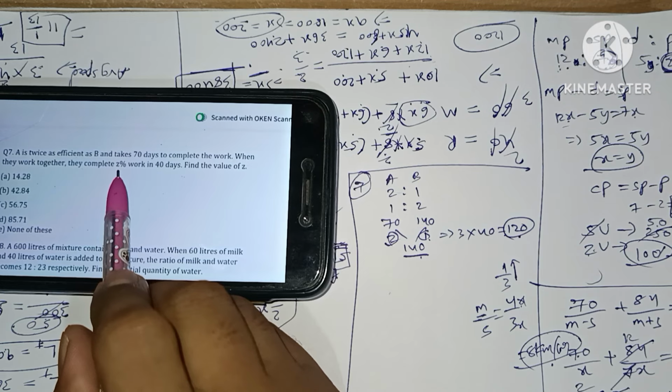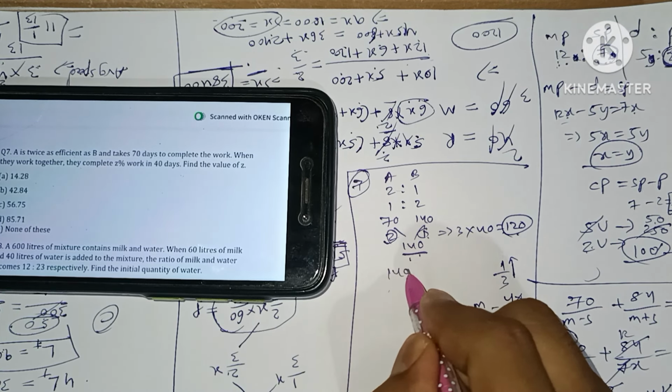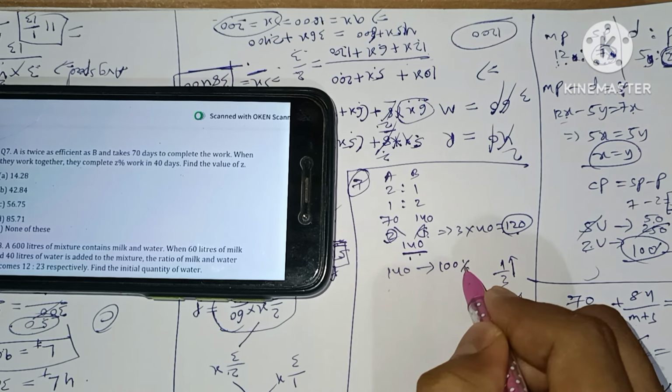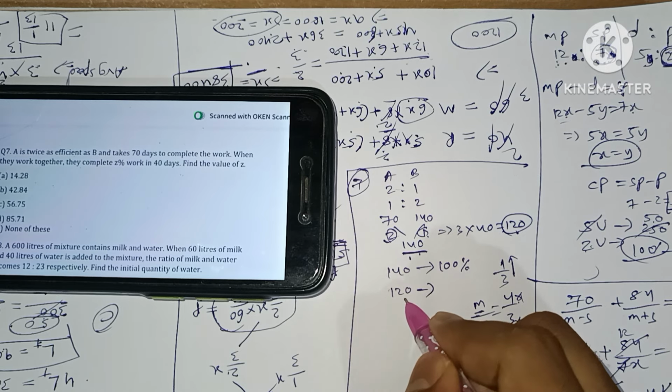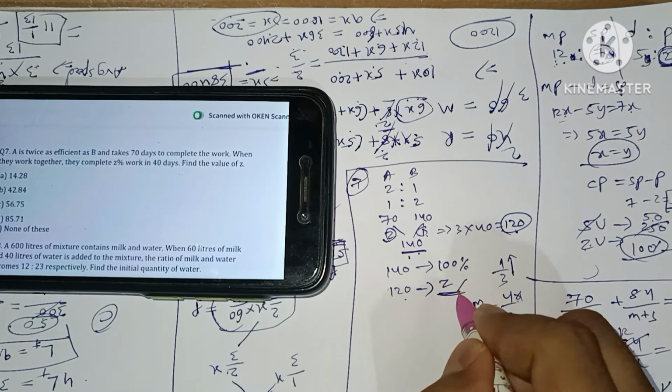It is said that in 40 days they completed Z percentage of work. Here we have 140 total units as 100 percent of work, but they completed only 120 units, and it is saying that it is Z percentage.